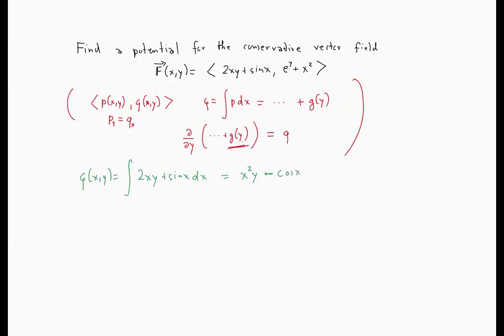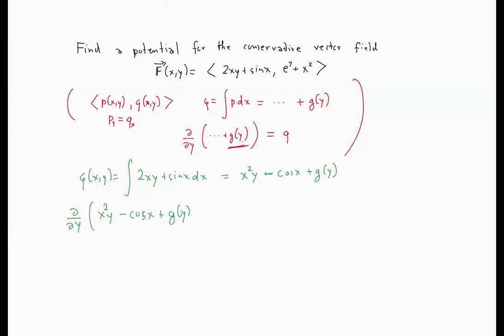So now we need to require that the partial derivative with respect to y of what we just found, we already know that the partial derivative with respect to x is the first component. We have to make sure that the partial derivative with respect to y is the second component, meaning it's e to the y plus x squared.